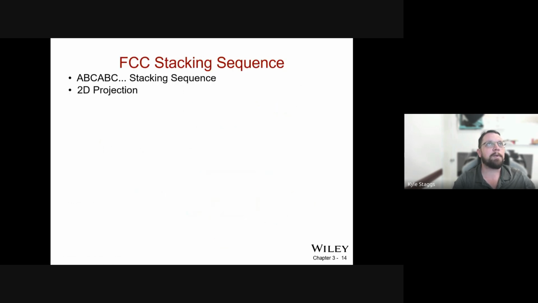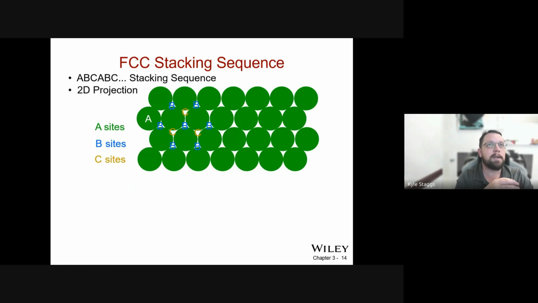So that's where we were. There's a stacking sequence, and we can look at 2D projections of this. Looking on from the side, you can see A sites, which are the atoms themselves.